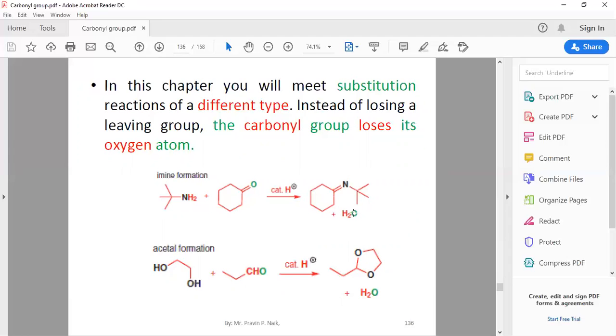So the water contains the oxygen which is part of this carbonyl group. In this chapter we'll meet substitution reaction of a different type. Instead of losing a leaving group, the carbonyl group loses its oxygen atom.